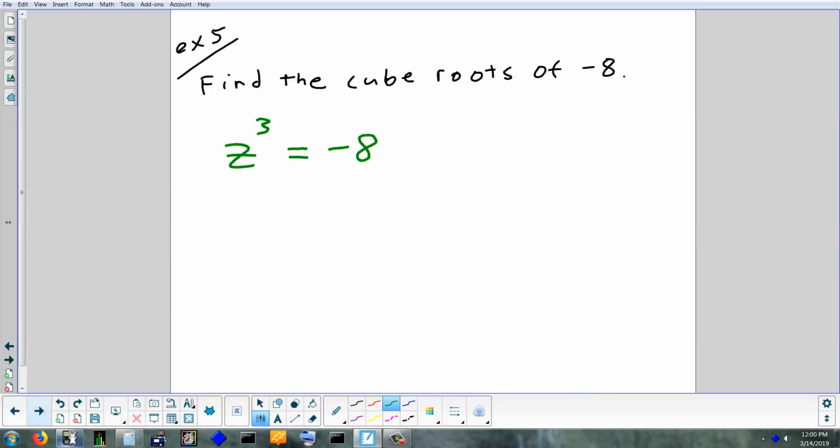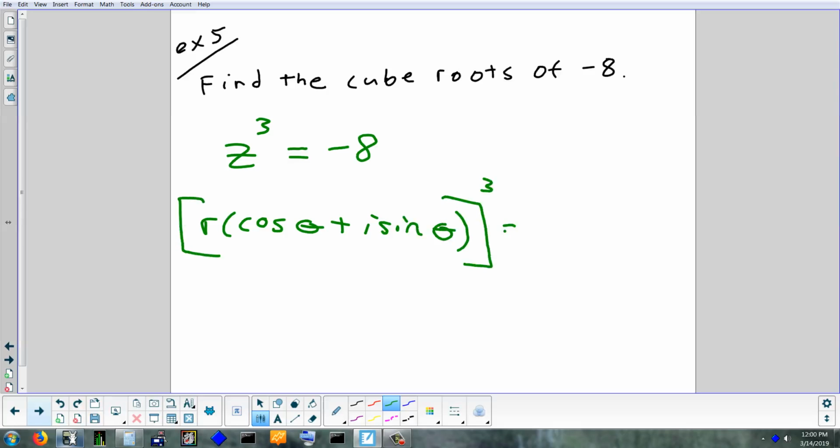Next, turn the left and right-hand sides into trig form. On the left, just replace z with r cosine theta plus i sine theta, all to the 3rd power. On the right, you actually have to find the r and the theta. If you graph -8, what's the imaginary part? 0.